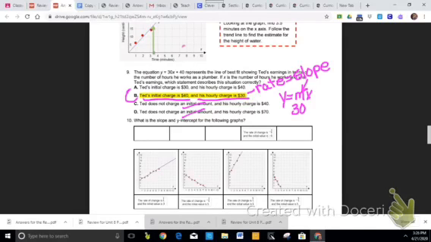So we have a rate of 30 per hour, and it says X is the number of hours he works. And his initial charge is 40, so that would be my B. And when we say 30 times however many hours Ted works, plus our initial charge of 40, we would get our Y, Ted's earnings. That one wasn't too bad. It looked hard, but it wasn't that bad.